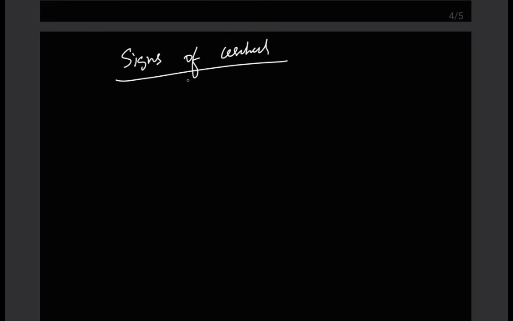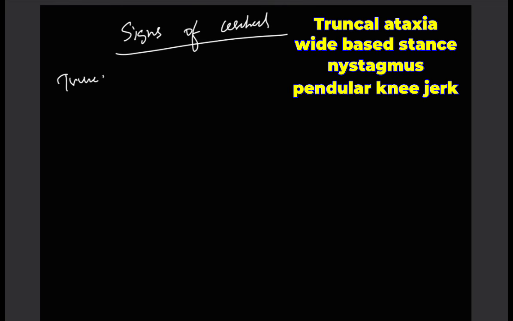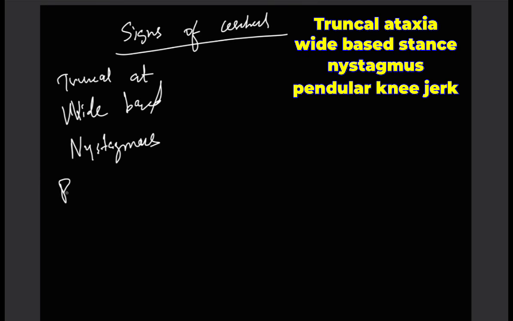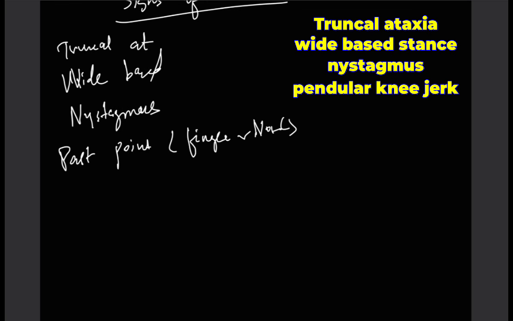Now, signs of cerebellar lesion. There are many signs of cerebellar lesions. Here I will be discussing them: truncal ataxia, wide based stance, nystagmus, past pointing, which is known as the finger nose test, which we used to do in practicals, and ataxic gait, the drunken gait.